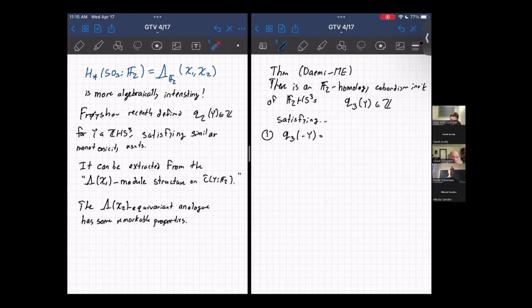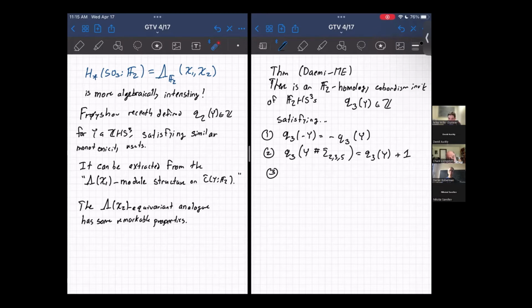It negates under orientation reversal. And while we don't actually expect it to be additive in general, due to some difficulties with the connected sum theorem over F2, at least it increases by 1 every time I connect sum with the Poincare sphere. So I can get examples with Q3 an arbitrary integer.